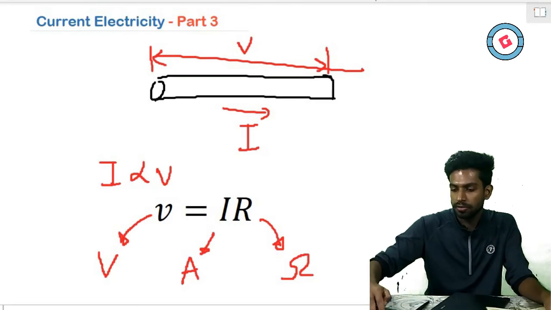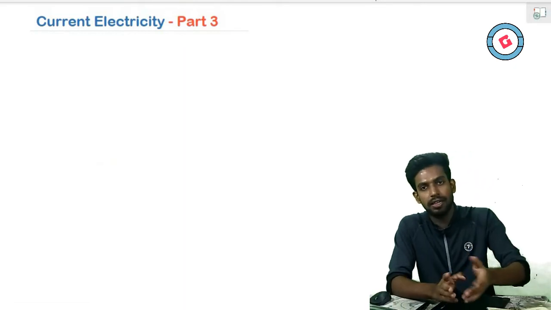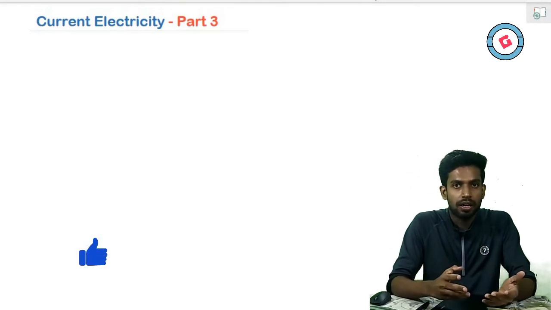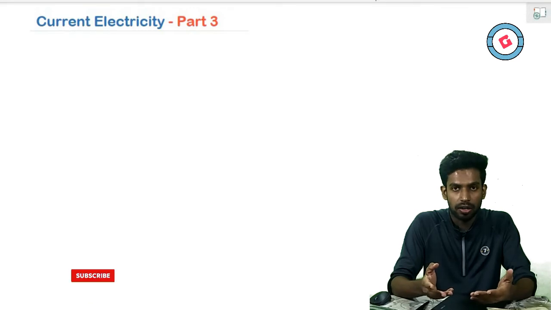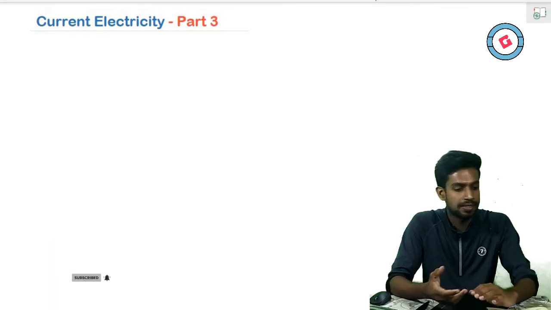Then we are moving into ohmic conductors. What are ohmic conductors? Ohmic conductors are the conductors which behave according to Ohm's law. Simple as that.